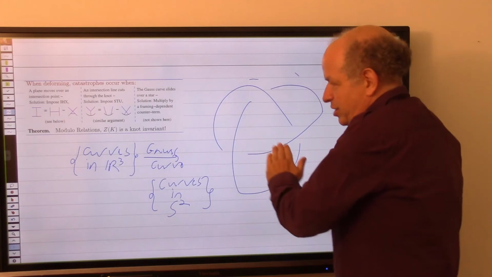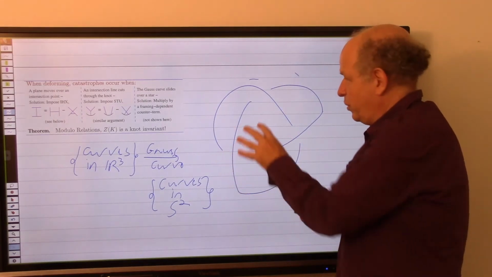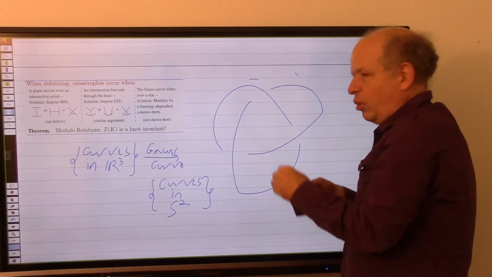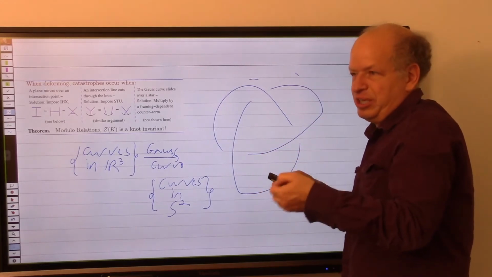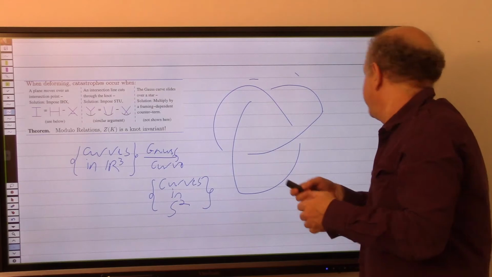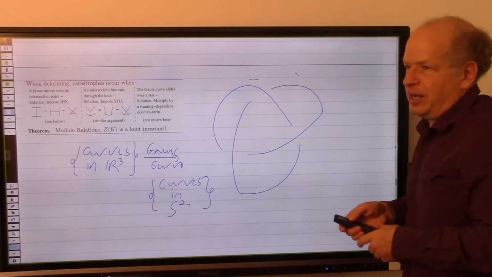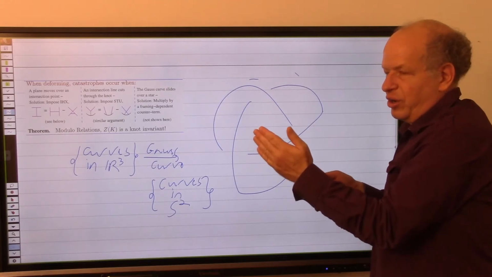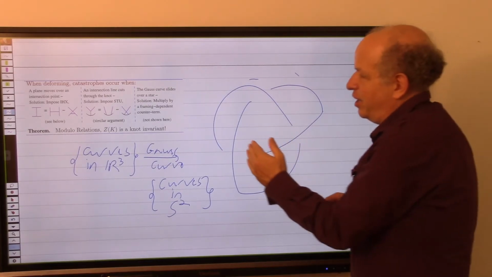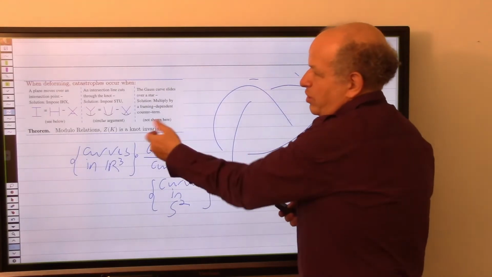But if you start deforming this curve, or move the stars around, then there will be occasional times in which the Gauss curve will cross over one of the stars.